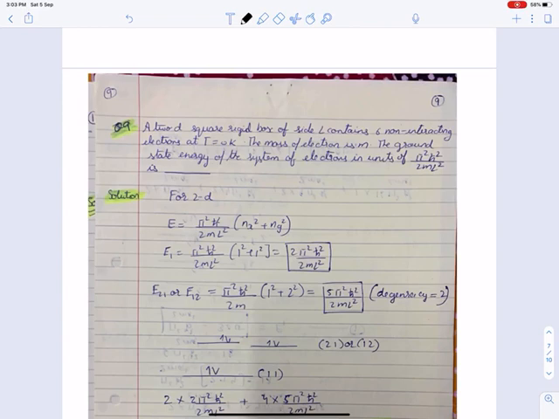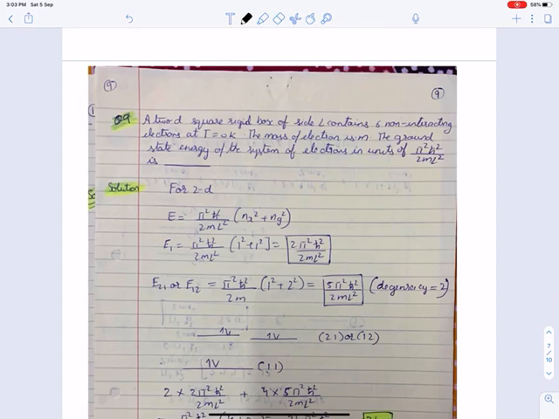So now it is a 2D box. We have studied 1D and we have studied 3D, so automatically 2D is nx square plus ny square. Nothing much to tell in this. Here you have to see this side L is the same.